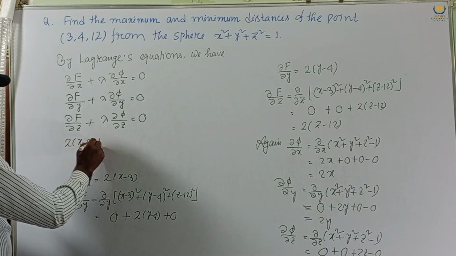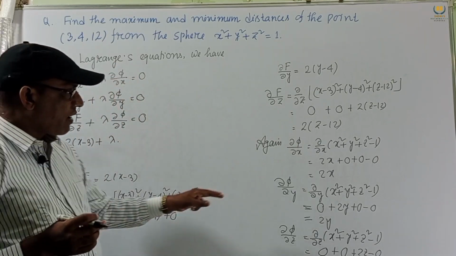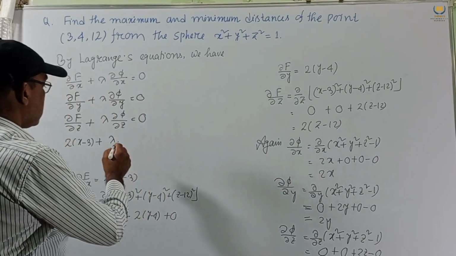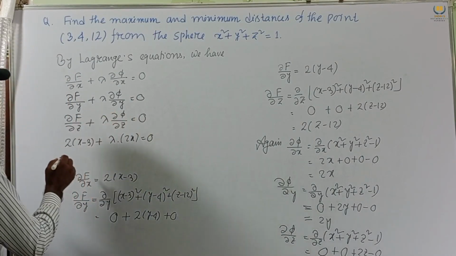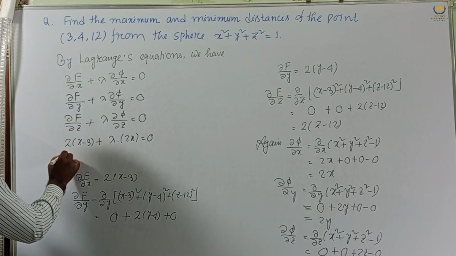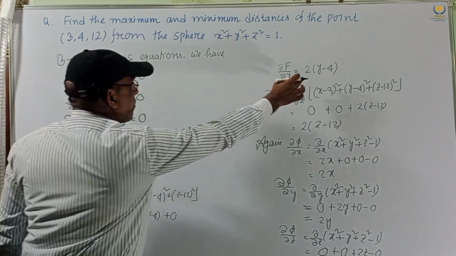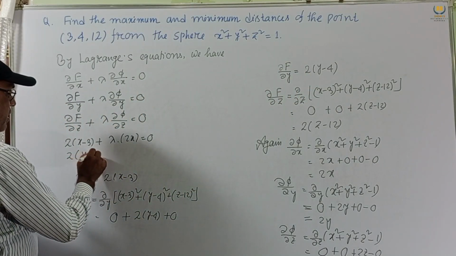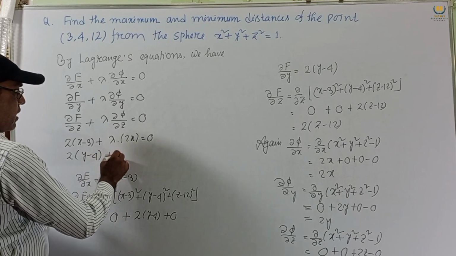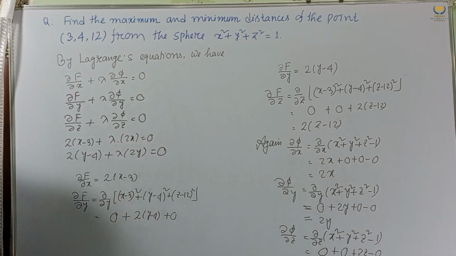Now putting in the value of del f by del x, 2(x − 3) plus lambda times del phi by del x, which is twice x, equal to 0. Next, 2(y − 4) plus lambda times 2y equal to 0.